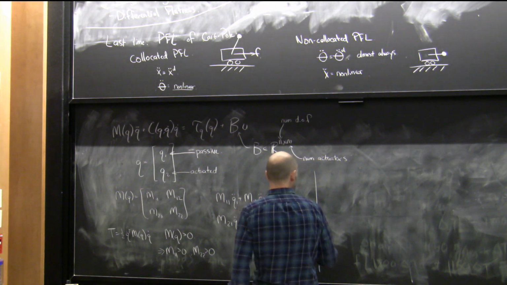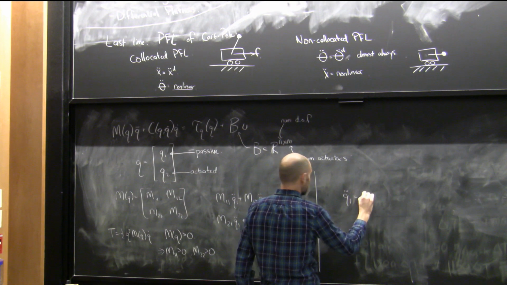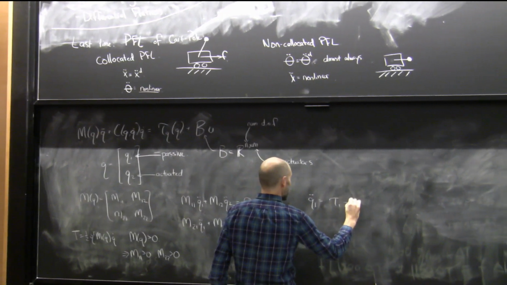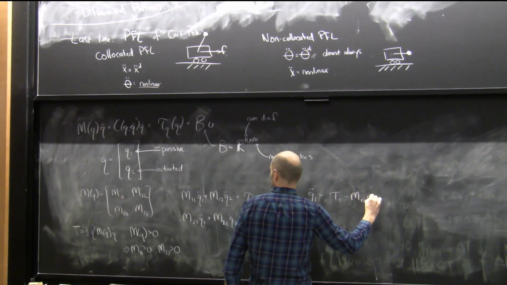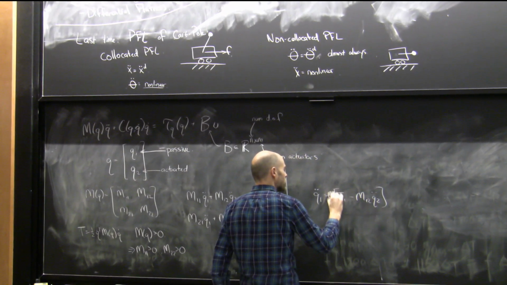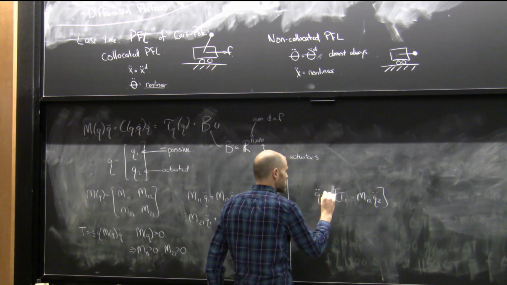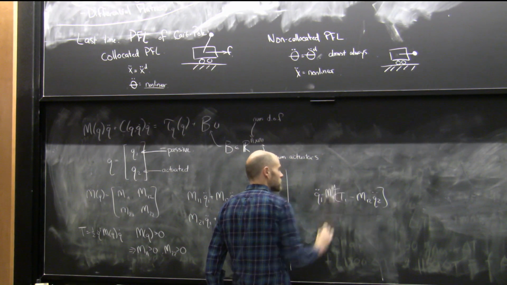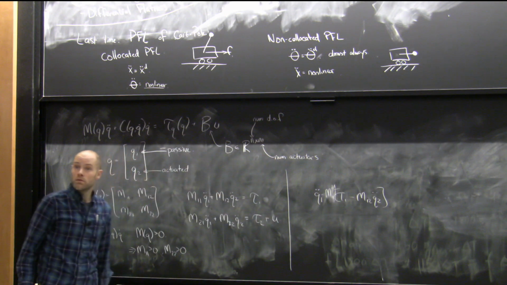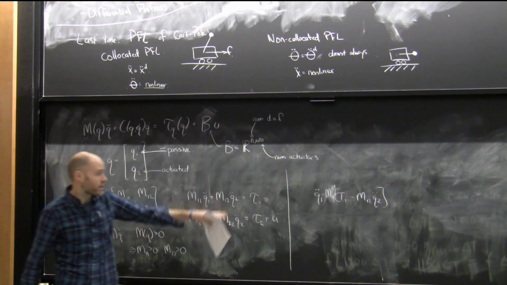So let me solve that away here. Q1 double dot equals tau 1 minus M12 Q2 double dot, this whole thing times M11 inverse. And since M11 is invertible, that's okay.